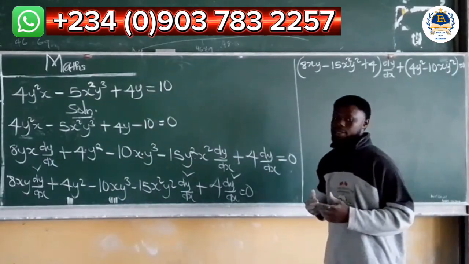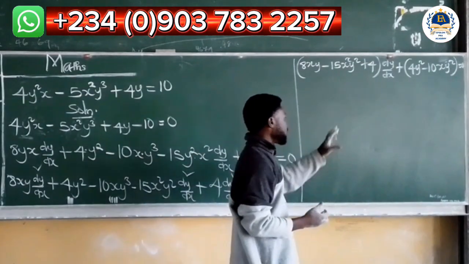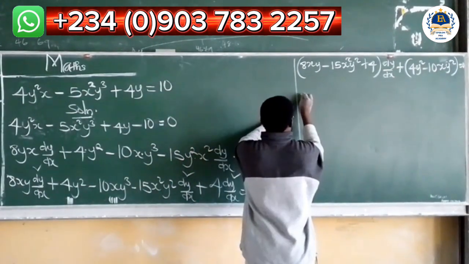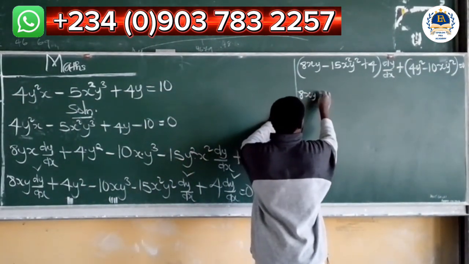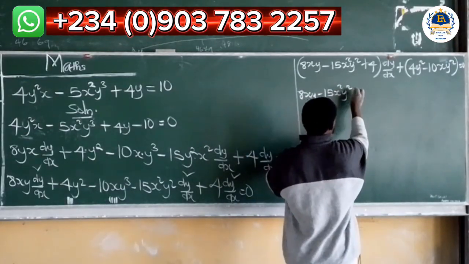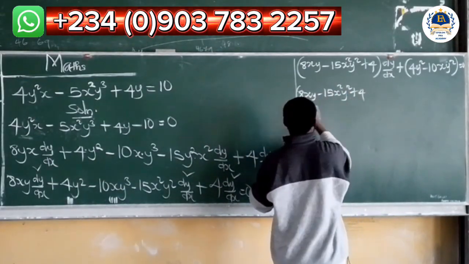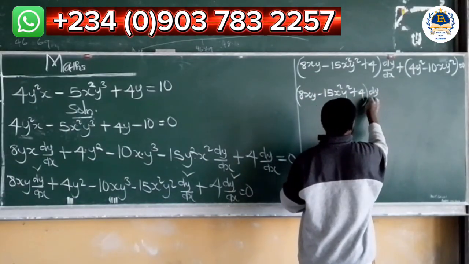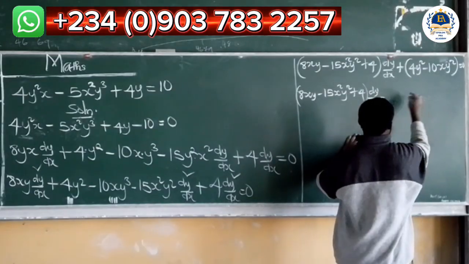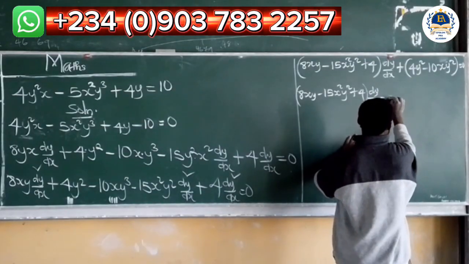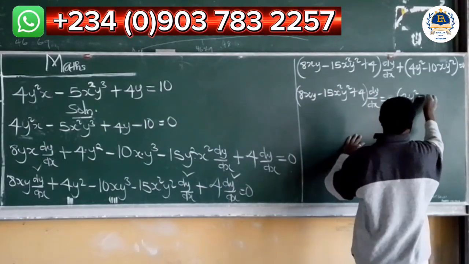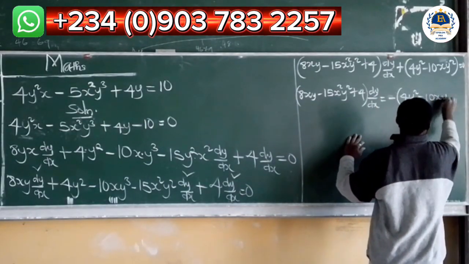Now the next approach is to move the x terms to the right hand side. So that will become 8xy minus 15x squared y squared plus 4, dy over dx is equal to, when this crosses over, it becomes minus 4y squared minus 10x y squared.